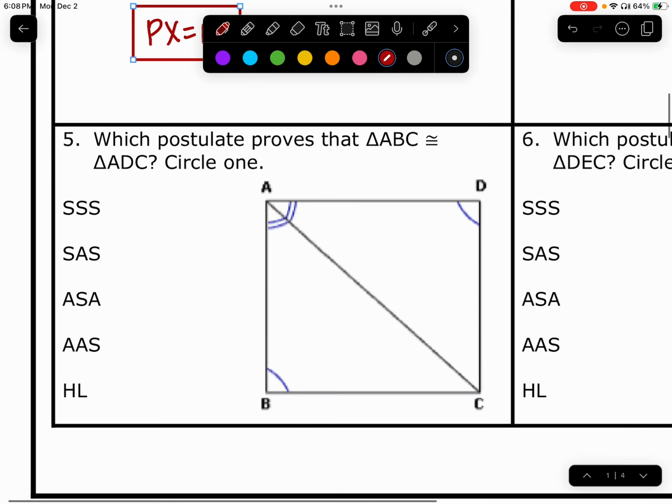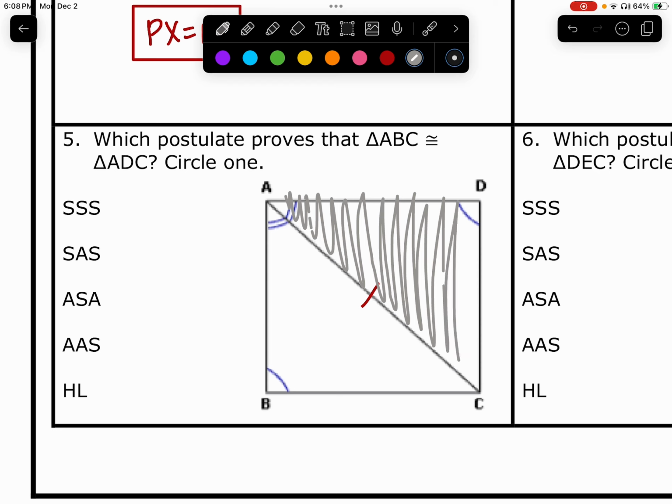Number five, which postulate proves that triangle ABC is congruent to triangle ACD? So let's take a look. All right, these triangles are stuck together. Go ahead and mark that side. And there doesn't seem to be any other information that we can ascertain. So I want you to ignore one of the triangles now that we've got them marked, and we're going to take a look and see what it has.